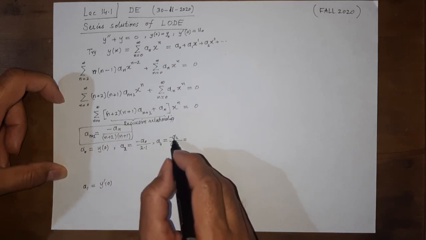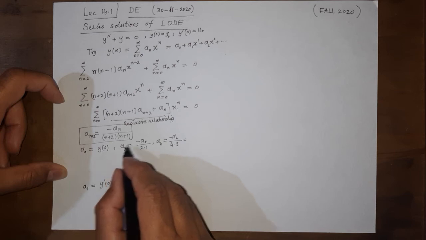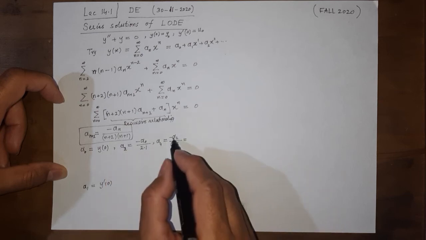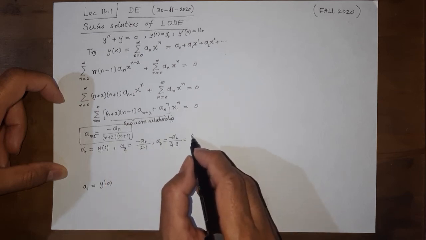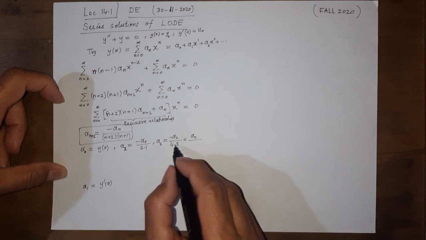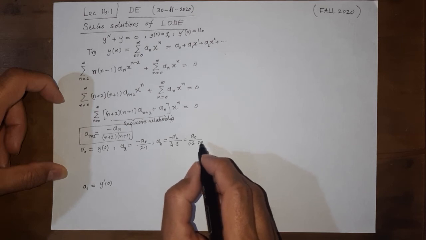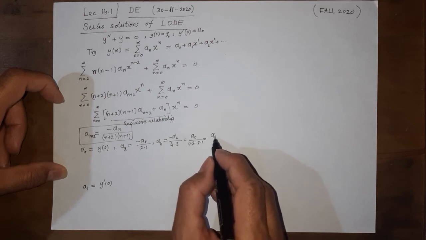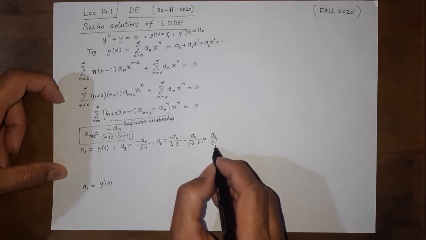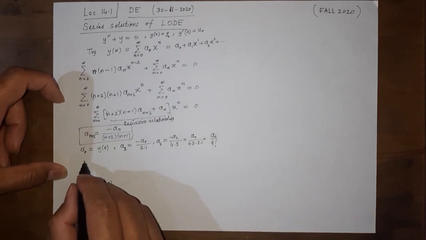And because a2 is dependent on a0, we get minus a0, which is a0 over 4 into 3 into 2 into 1, and this is a0 over 4 factorial. Let us find another one.